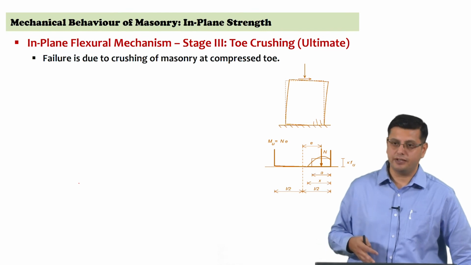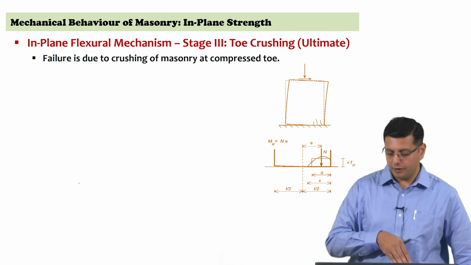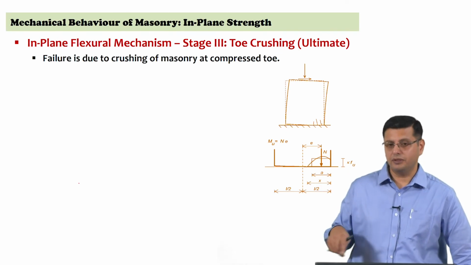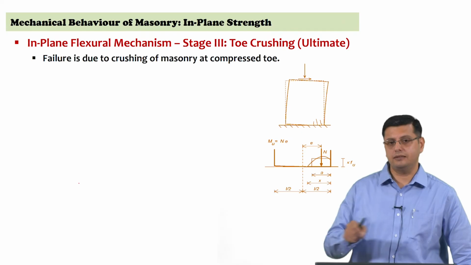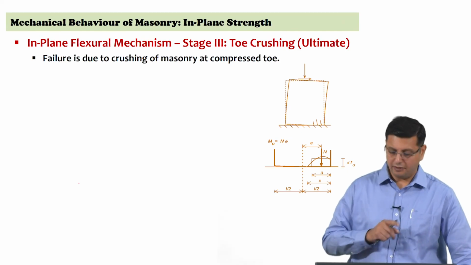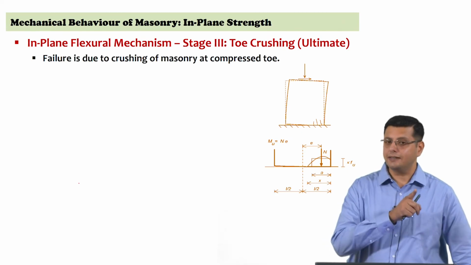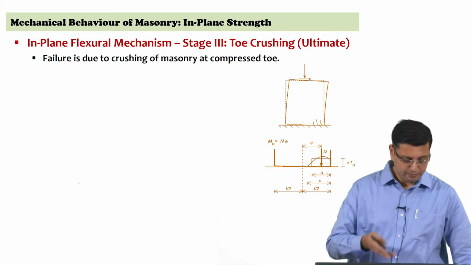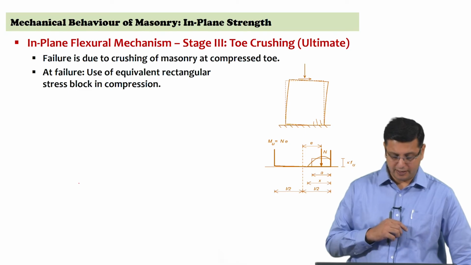We use equivalent stress block parameters, write down the equilibrium in the stress block, and then use that with respect to the crushing strength of masonry to be able to arrive at the ultimate lateral force, or represented in terms of the ultimate moment at which failure is occurring.